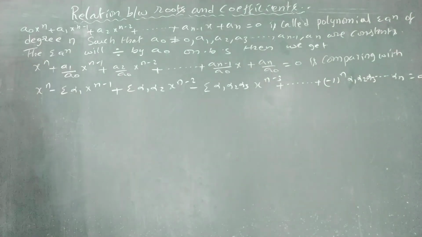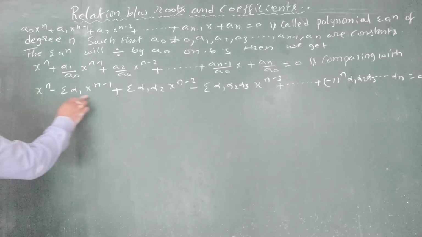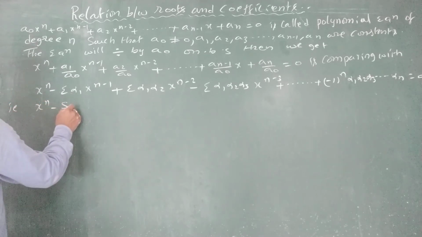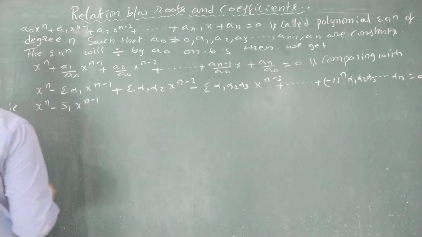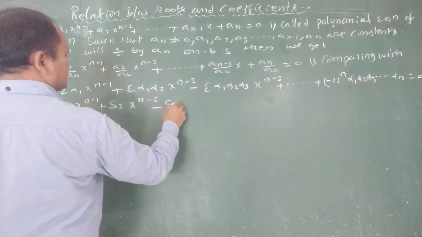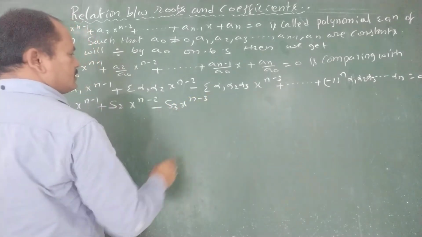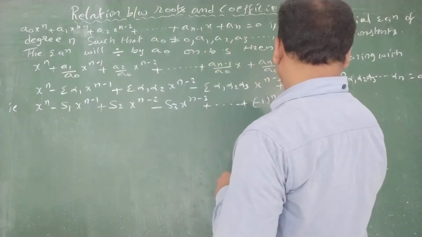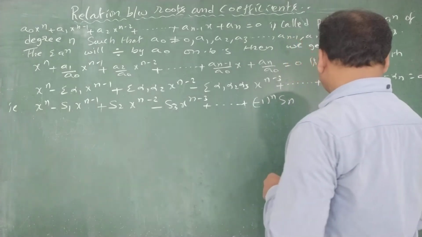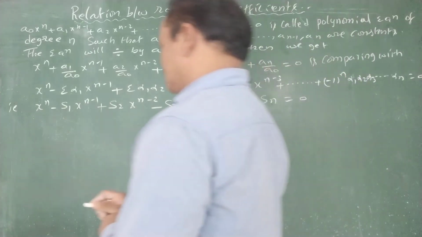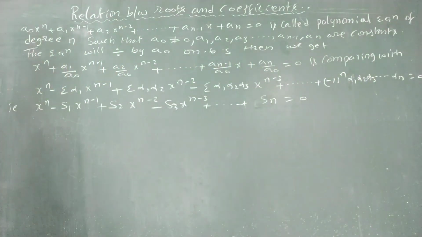Now comparing them, this is in the form x power n minus s1 x power n minus 1 plus s2 x power n minus 2 minus s3 x power n minus 3 plus and so on plus minus 1 power n into sn is equal to 0.